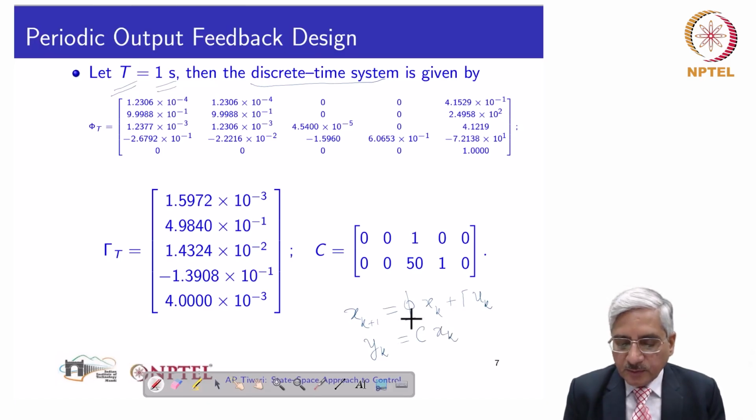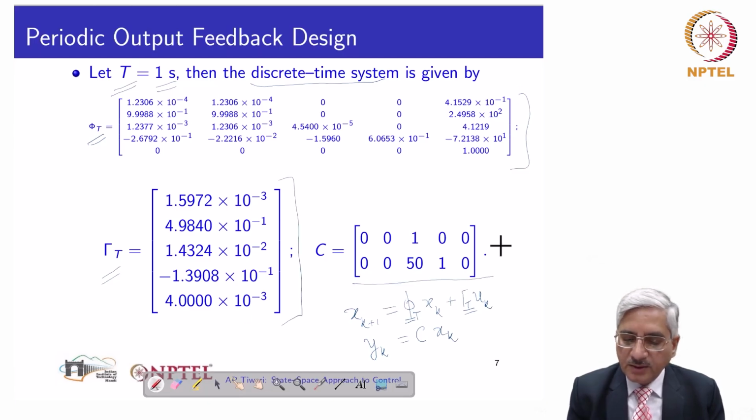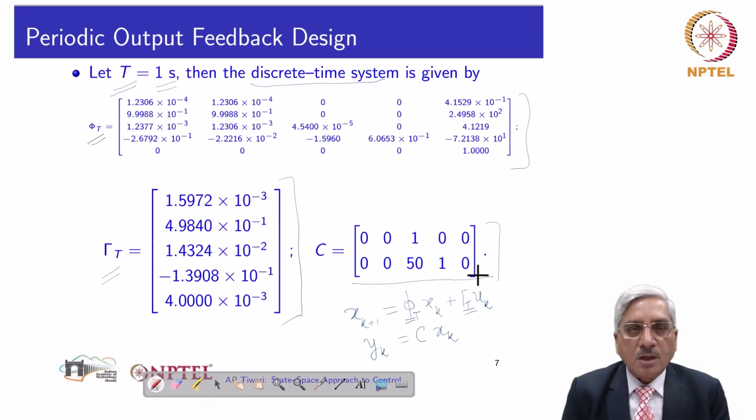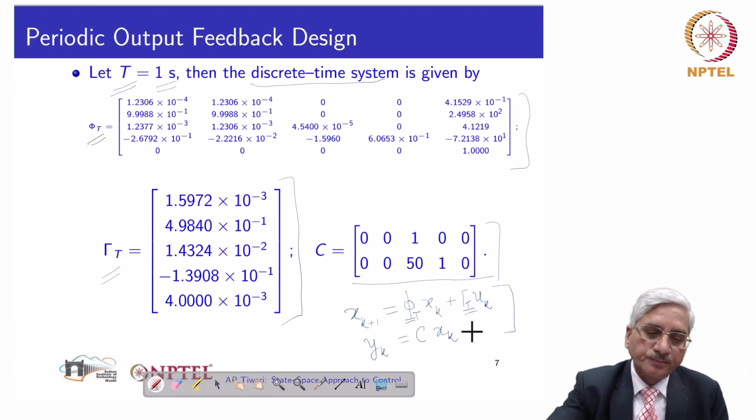Now here this Phi and this Gamma are denoted respectively by Phi_T and Gamma_T. They have been obtained for the reactor, and they are like this: Phi_T is this and Gamma_T is this, and C is the same C which is there for the continuous time system. So we have considered obtaining the output samples every 1 second, and we have obtained the corresponding discrete time model of the continuous time nuclear reactor system.